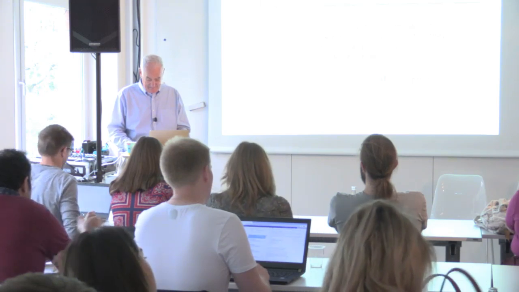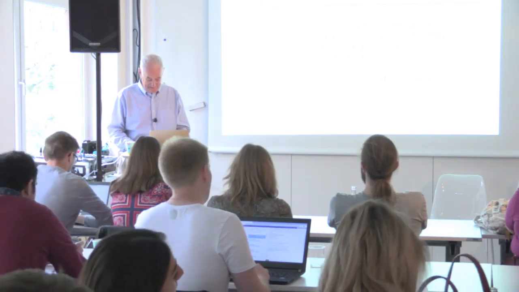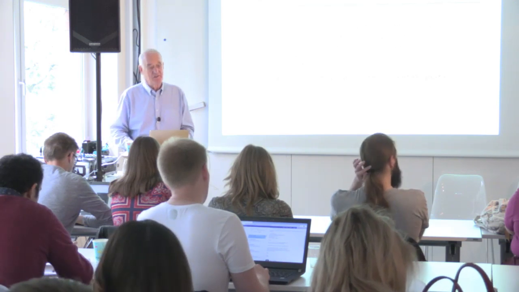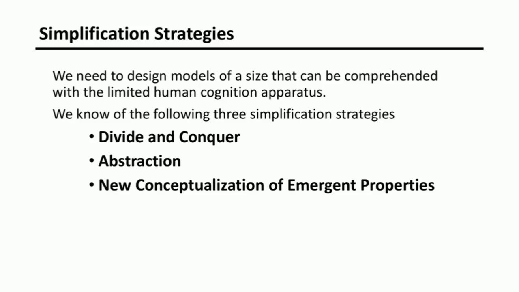So let me start out now with the real thing and look into simplification strategies. If we have a model that is larger than the limits of the conceptual apparatus of our mind, if we cannot put the model into, so to speak, a monolithic system in our mind, we have to partition the model into smaller parts.